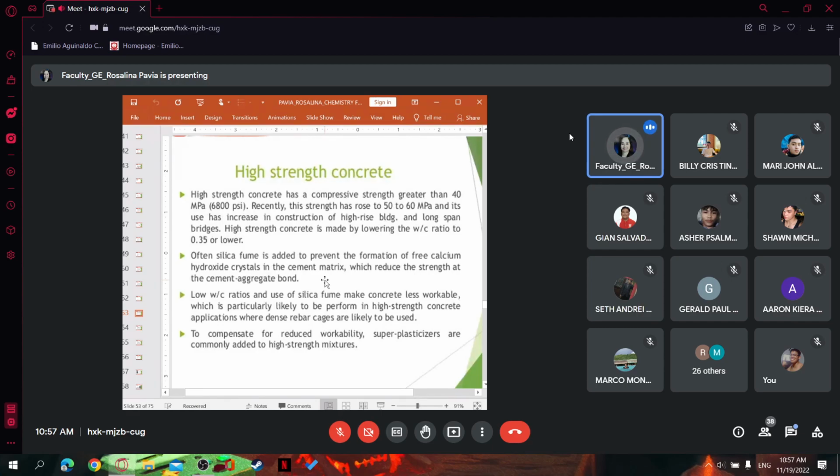Recite kayo para may additional points. Saan nanggagaling yung calcium hydroxide na pwedeng mag-crystallize? That's why they are going to add silica fume. Okay, let me ask you, what are the components or the composition of cement?